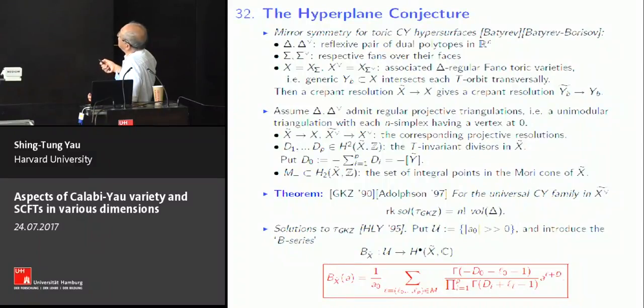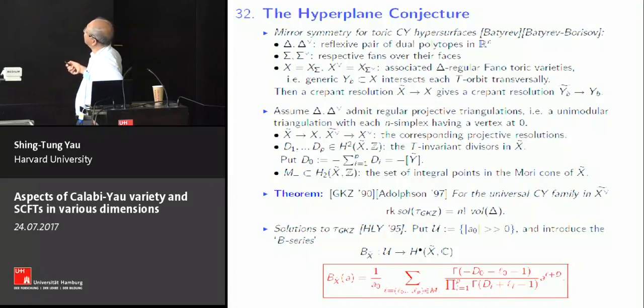This gives T-invariant, torus-invariant divisors in X. And you define the summation of these D_i's as a divisor and call it D_0 minus that. And the Calabi-Yau manifold would be the summation of the D_i as a divisor. And then look at the set of integral points in the Mori cone of X tilde. Then you can write down the following theorem due to several people.